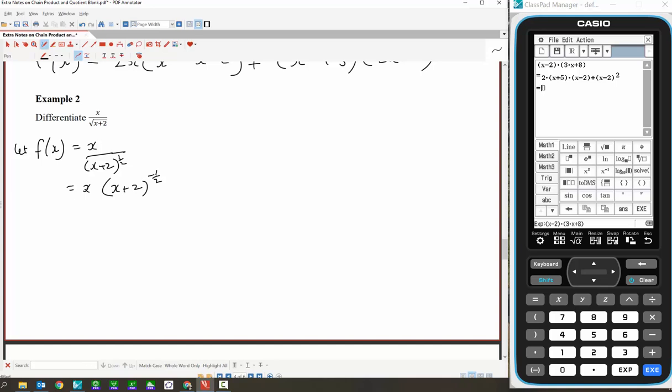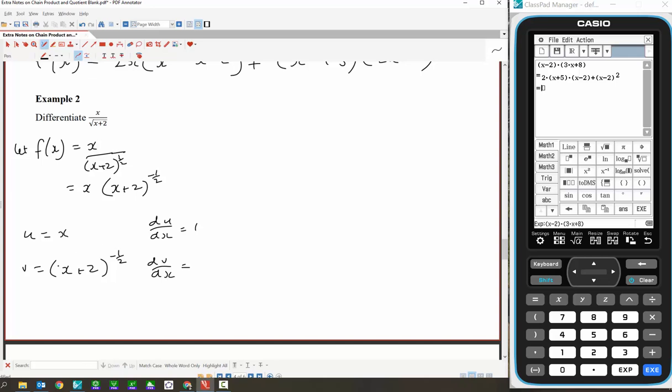Right, so here we've got a function multiplied by a function. u equals x and v equals x plus 2 to the negative a half. Right, derivative of that, 1. Derivative of that.